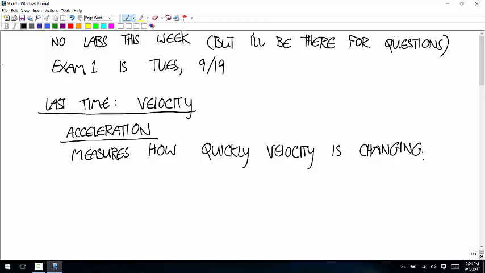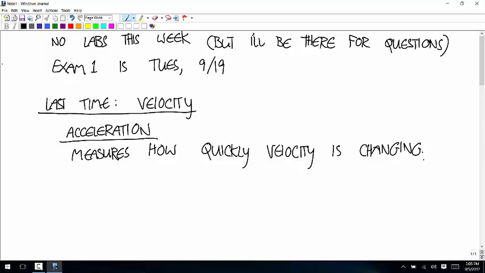So remember when I defined average velocity, we chose two instants, T1 and T2, and then the average velocity was the difference in the positions at those two instants divided by the elapsed time between them. So I'm going to give you the definition of acceleration, and notice that it's the exact same form as the average velocity. It just has a velocity in place of the position from before.